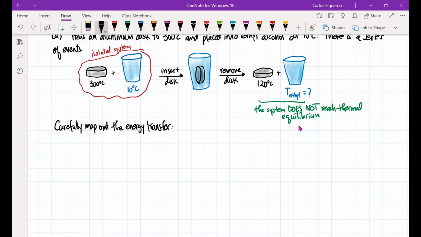The way we're going to do that is, one, we're going to draw a bar diagram, and two, we're going to plot T versus Q along with its bar diagram. So here we go. Remember, the bar diagram gives us a conceptual understanding of what is going on. So the first thing I'm going to look at is the bar diagram.